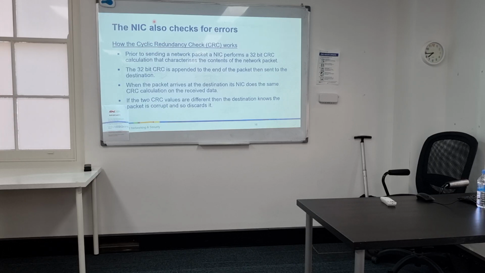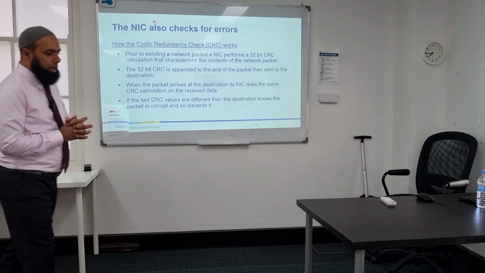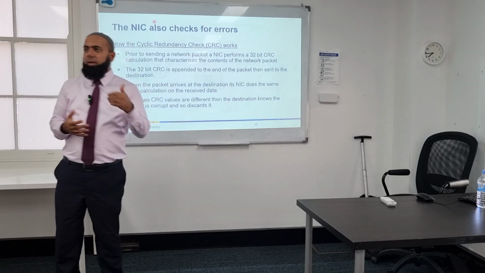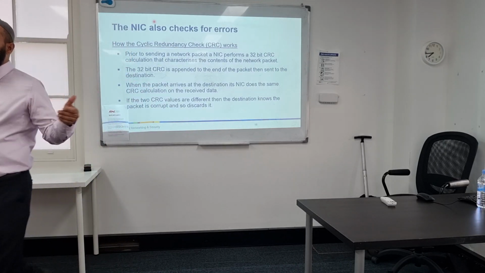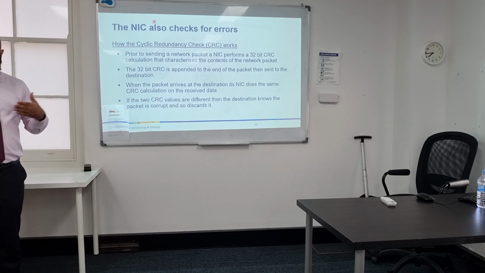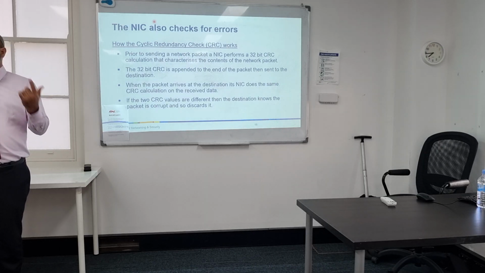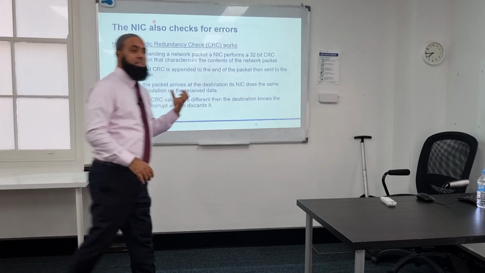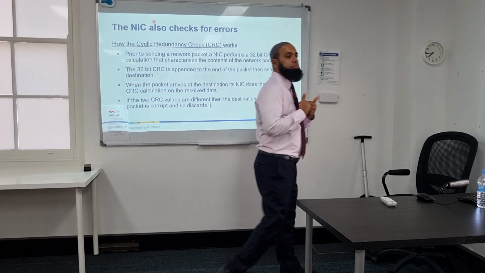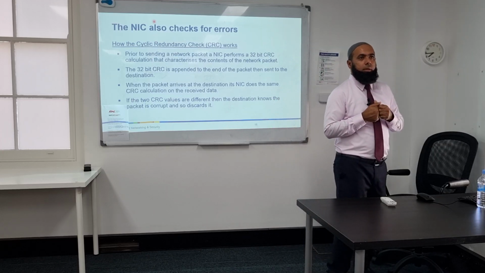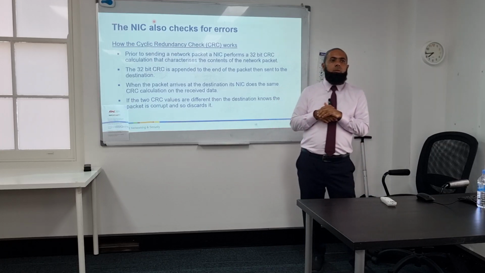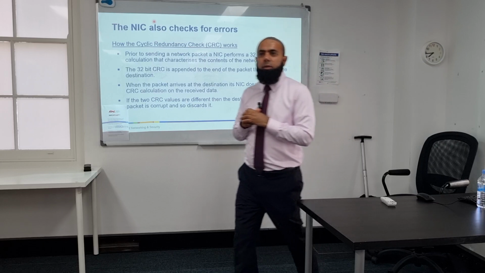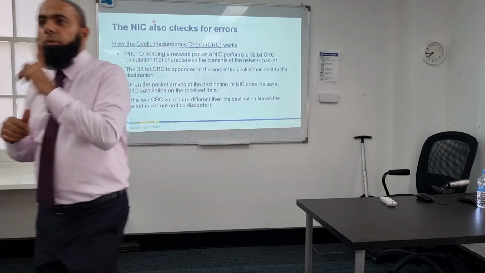With so many things, there is a very high possibility that when it is received at the receiving end, the data is not what we have sent. How can we know that the data sent and the data received are the same? So what do we need to do for that?